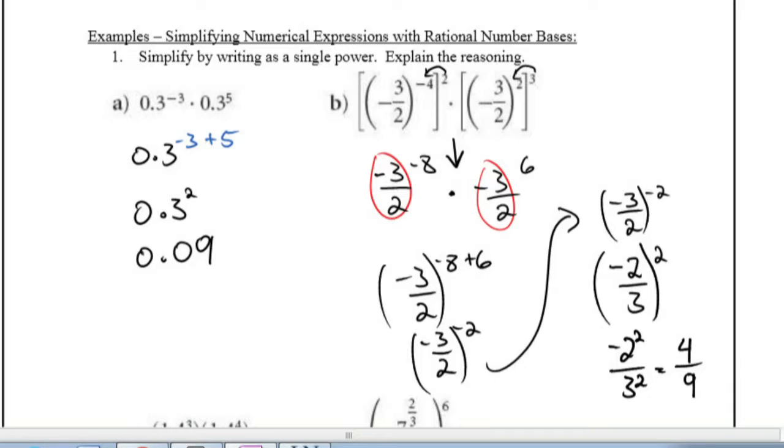And the important thing here is we must get rid of negative exponents. We can't have negative exponents in our answers.